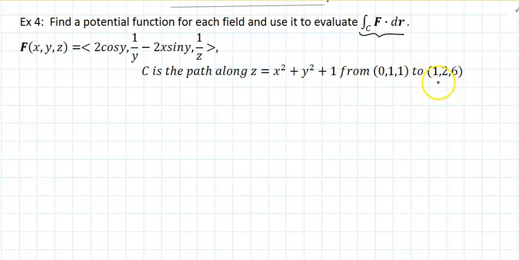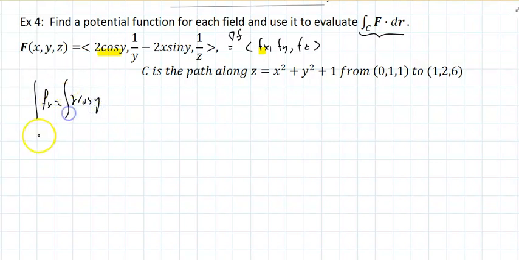And we don't need to check if it's exact. It didn't ask for that. We are going to set this equal to the gradient of a function, which is f sub x, f sub y, f sub z. So we start any way you want. I always start with the first. F sub x is twice the cosine of y.